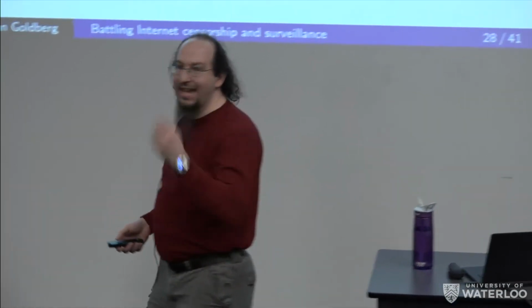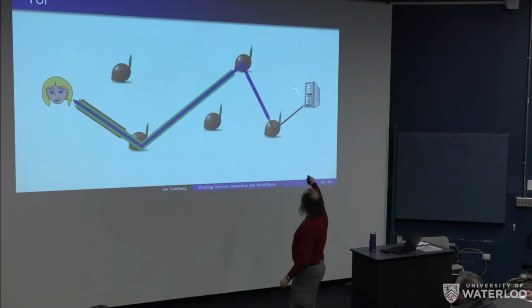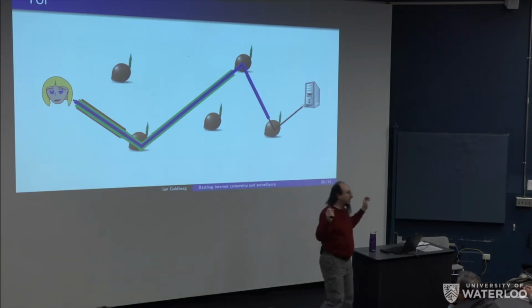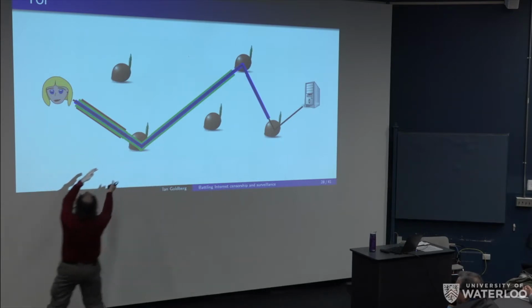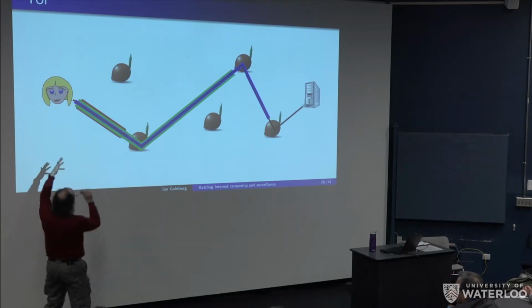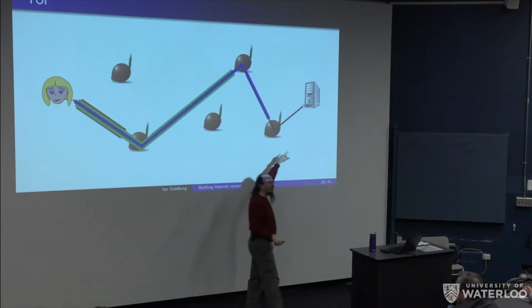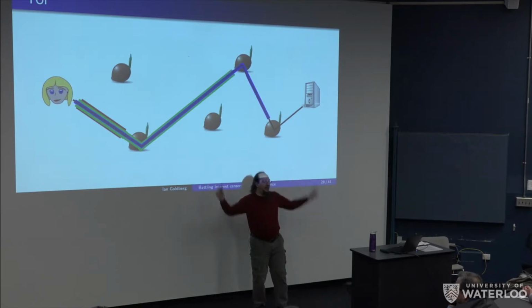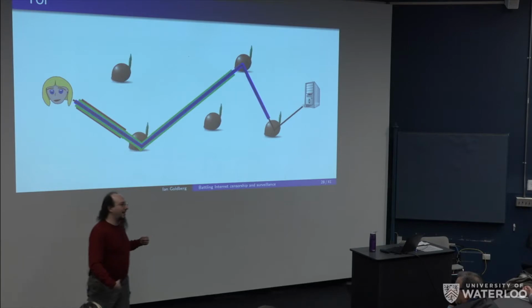So if the same entity is watching Alice's net connection here and watching the exit node here, then exactly what you say, by looking at the timing correlations, they can figure out that, oh, Alice just sent a bunch of data and then nothing, and then a little bit of data, then nothing for a while, and then a bunch of data. And seeing that same pattern come out over here, they can say, aha, these two ends are linked, right? So right now, Tor does not do a good job of protecting against this.